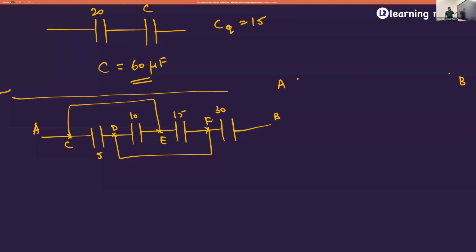Similarly, C and E are at the same potential. So how I will take is, I will take this as A, C, E in a bracket. Similarly, B, okay. If I look at the points, D and F, they both are at same potential. Am I clear with that?